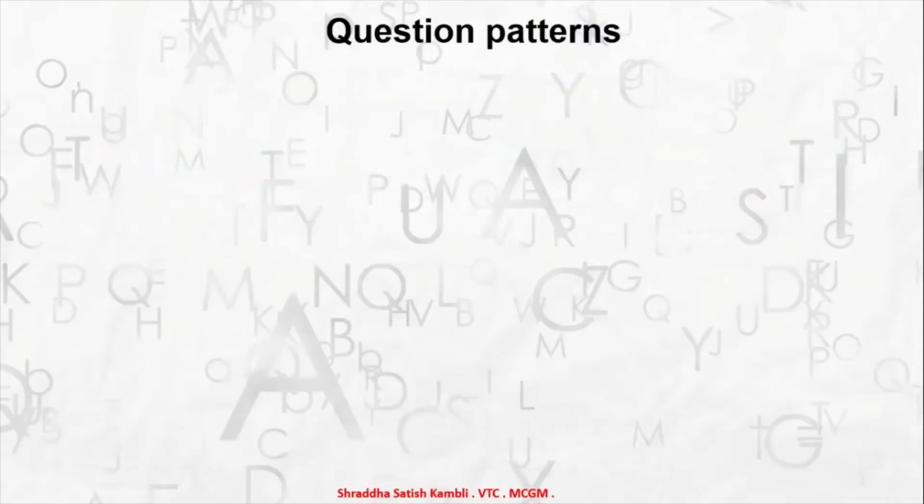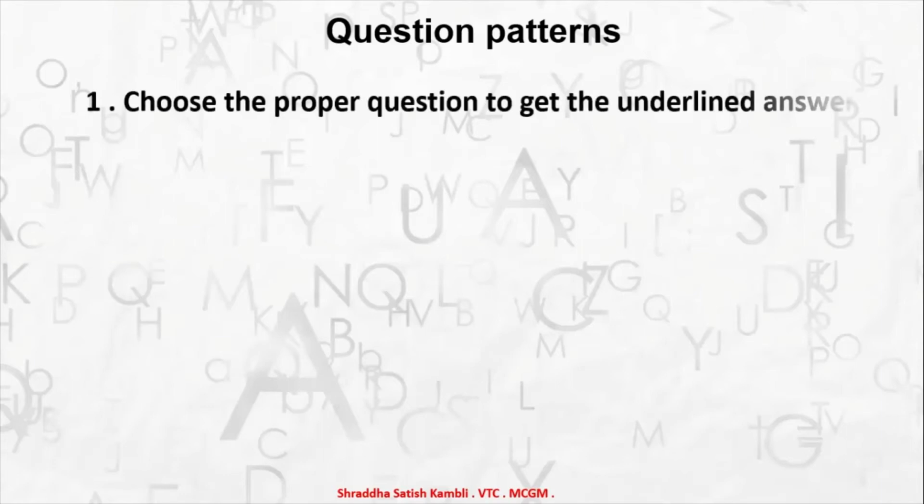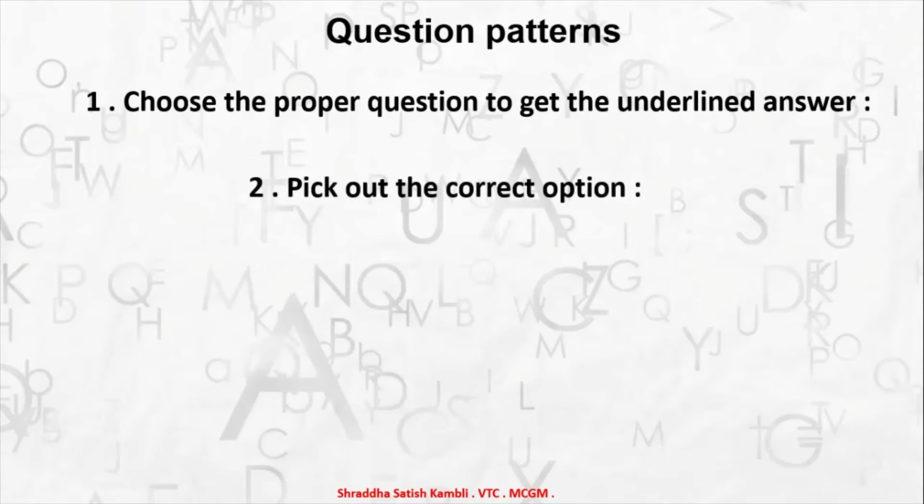Now we go to the next part of our video where we take a look at the various question patterns which could be asked of you. So what are the different types of questions that could be asked? The first pattern is choose the proper question to get the underlined answer. Then you have pick out the correct option.